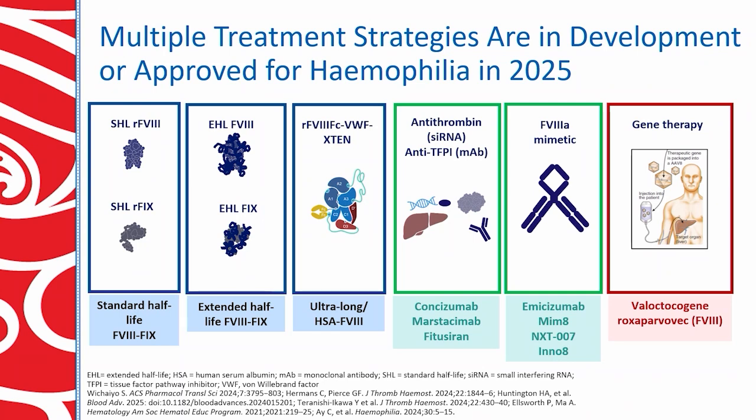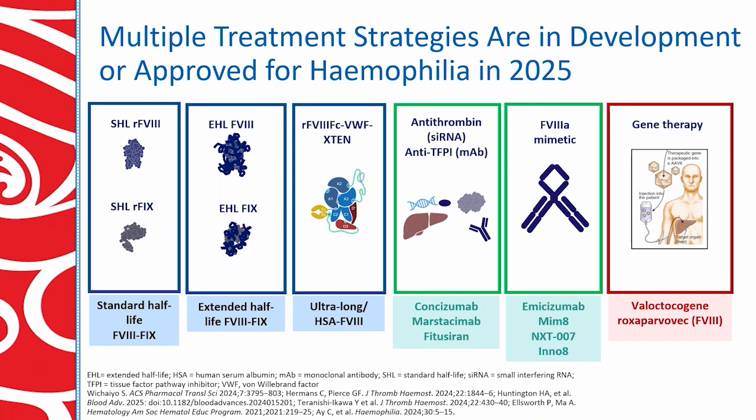You see that we have plenty of standard half-life factor VIII and factor IX products. Then we have the extended half-life products, which on average led to a prolongation of 1.5 for factor VIII and to a substantial prolongation in factor IX, where patients can use the product once weekly.